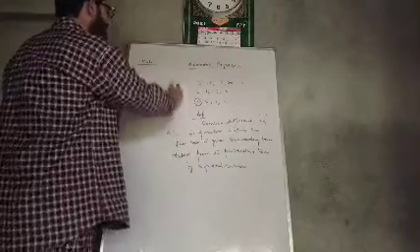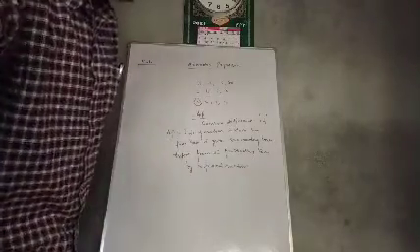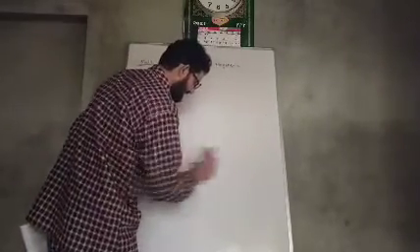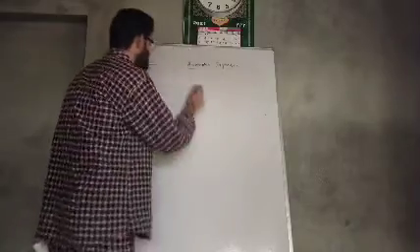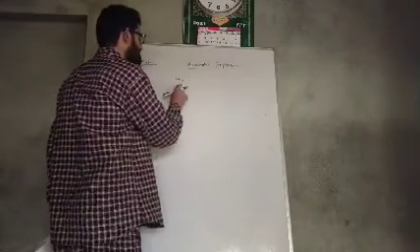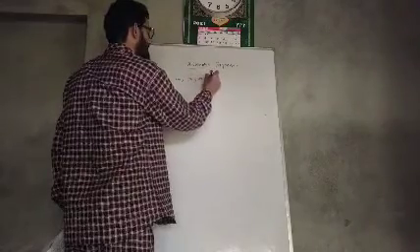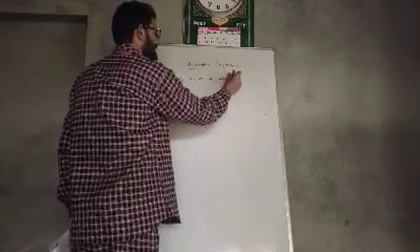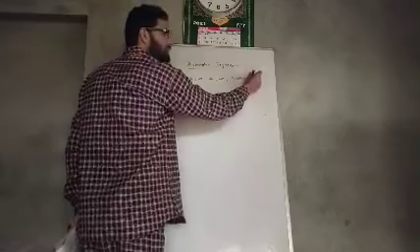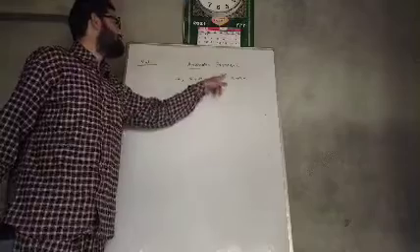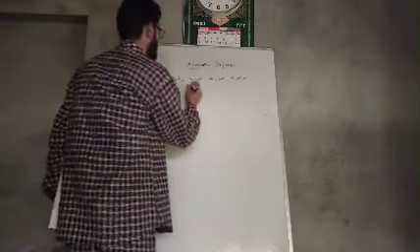Now the general form of this AP is a, the first term, then a plus d, a plus 2d, a plus 3d, and so on. This is called an AP.